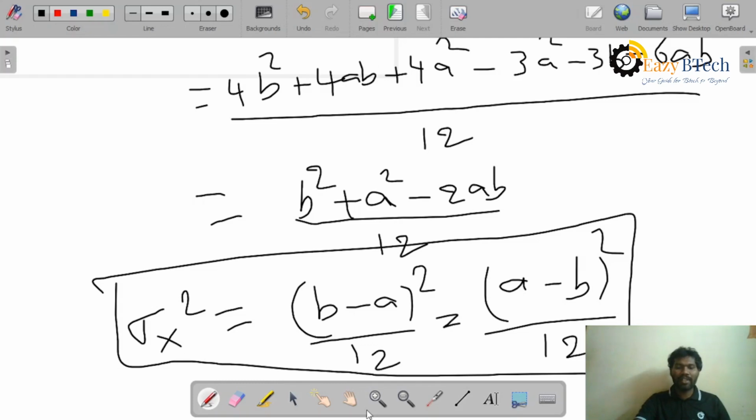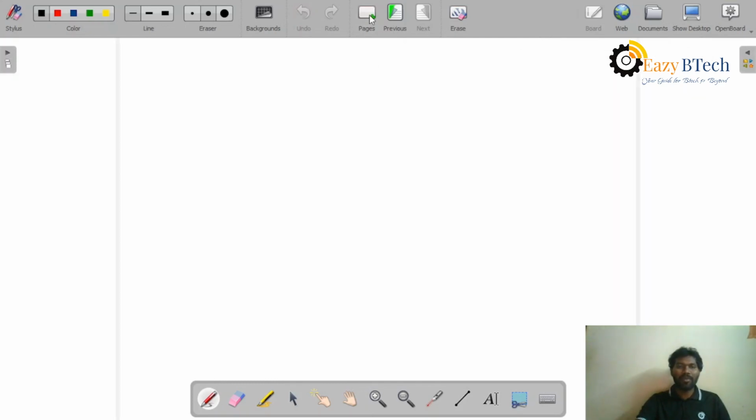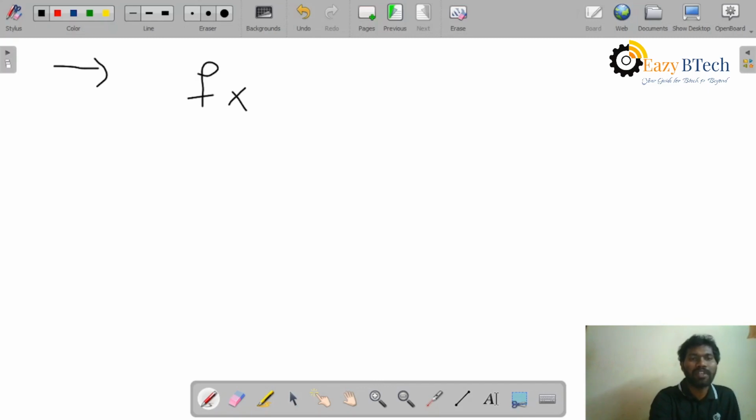Now we will see another problem. The problem is like this. See here. In some problems, they only give you f of x, that means they only give you the density function.